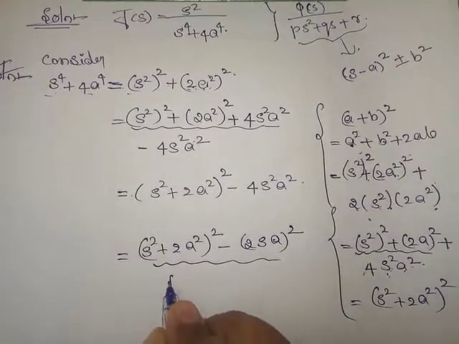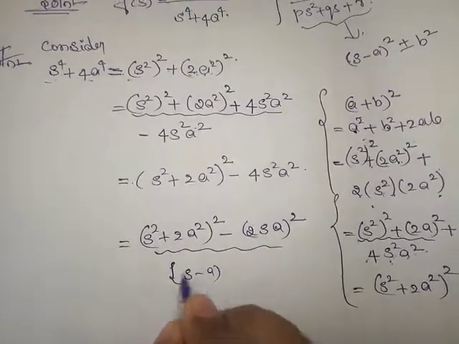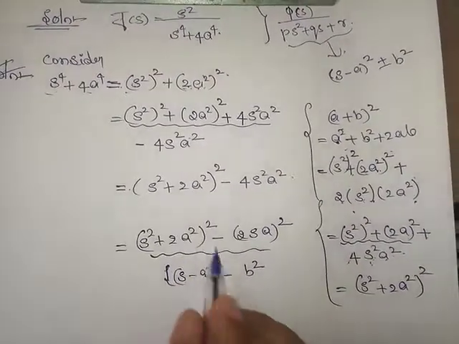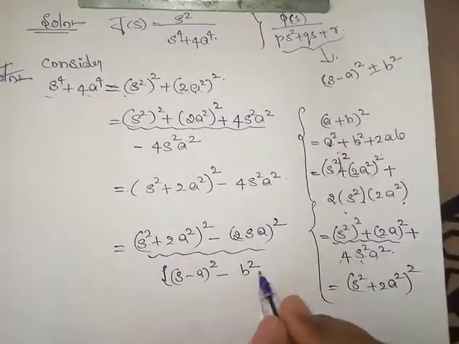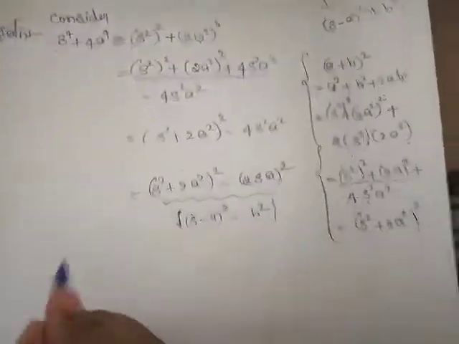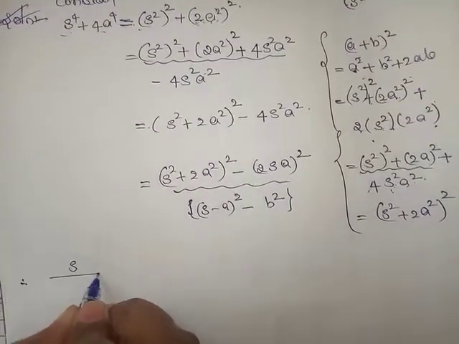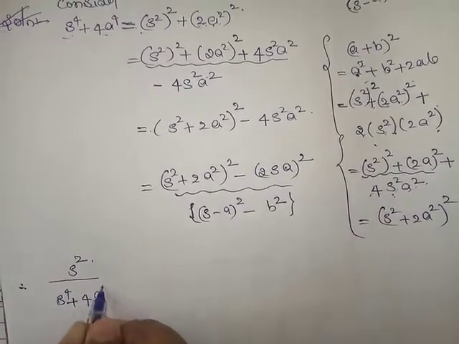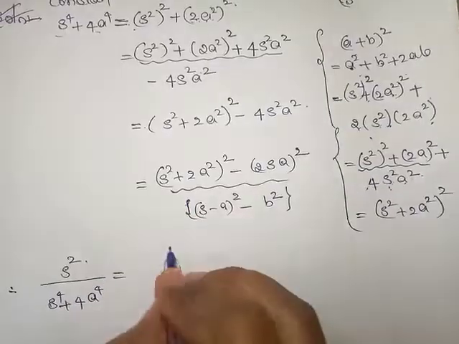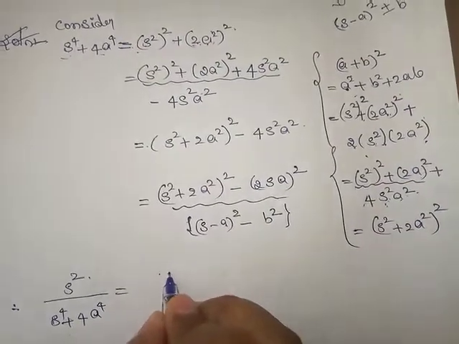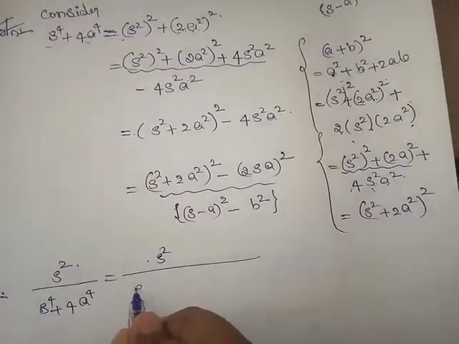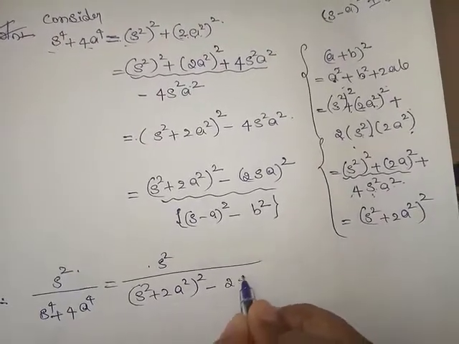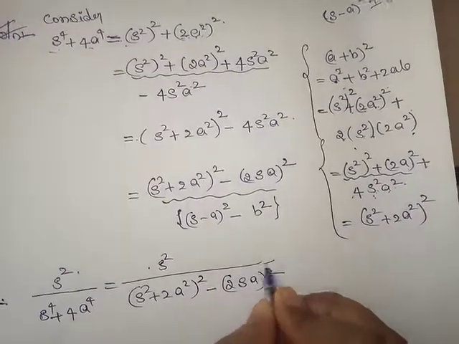See, this is of the form s minus a whole square minus b square. Here the a value is minus 2a square. Therefore s square divided by s raised to 4 plus 4a raised to 4 can be written as s square divided by s square plus 2a square whole square minus 2sa whole square.